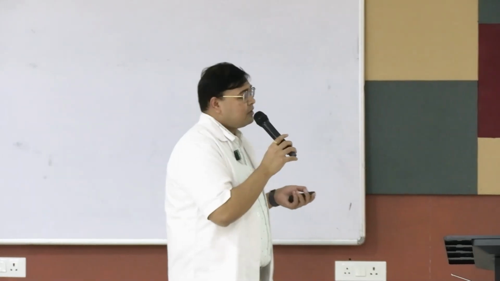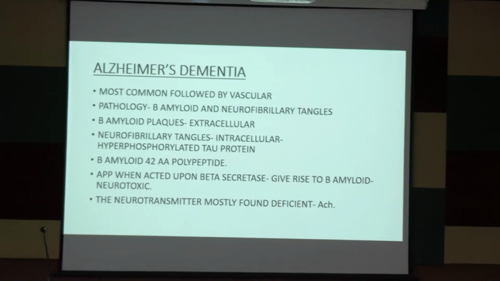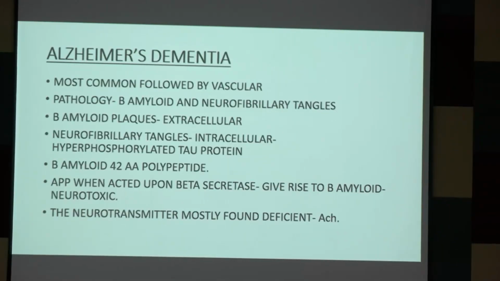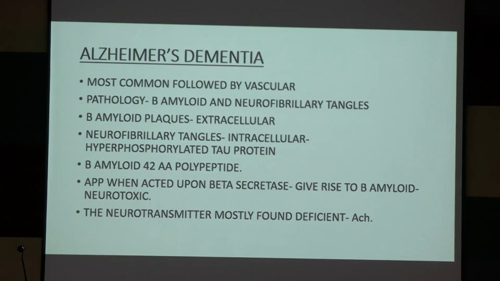When amyloid precursor protein is acted upon by beta secretase and gamma secretase, okay, it gives rise to beta amyloid, which is neurotoxic, which accumulates and deposits. Okay, so usually beta secretase activity is increased in persons with Alzheimer's. Okay, and the neurotransmitter mostly found deficient is acetylcholine. ঠিক আছে? বোঝা গেল? So it is a tauopathy, beta amyloid and tau protein deposits.